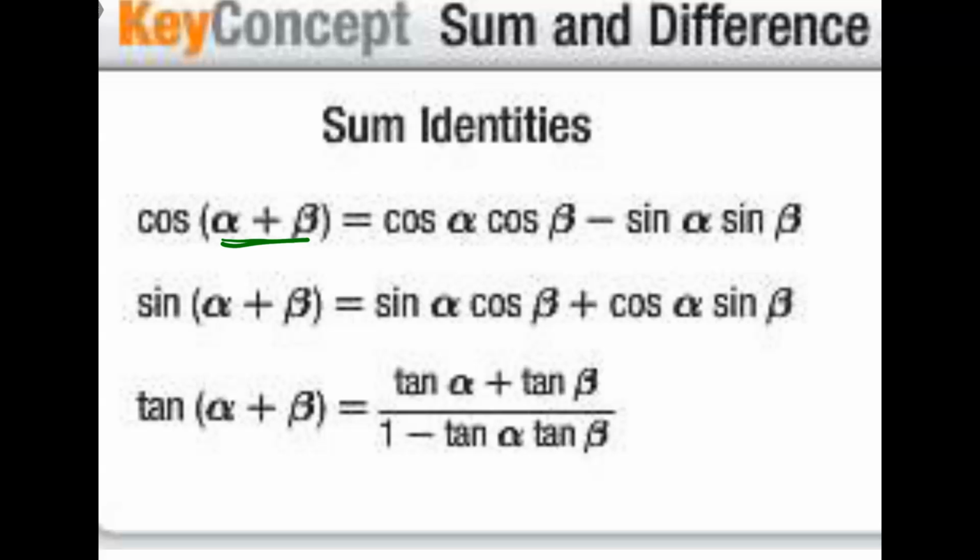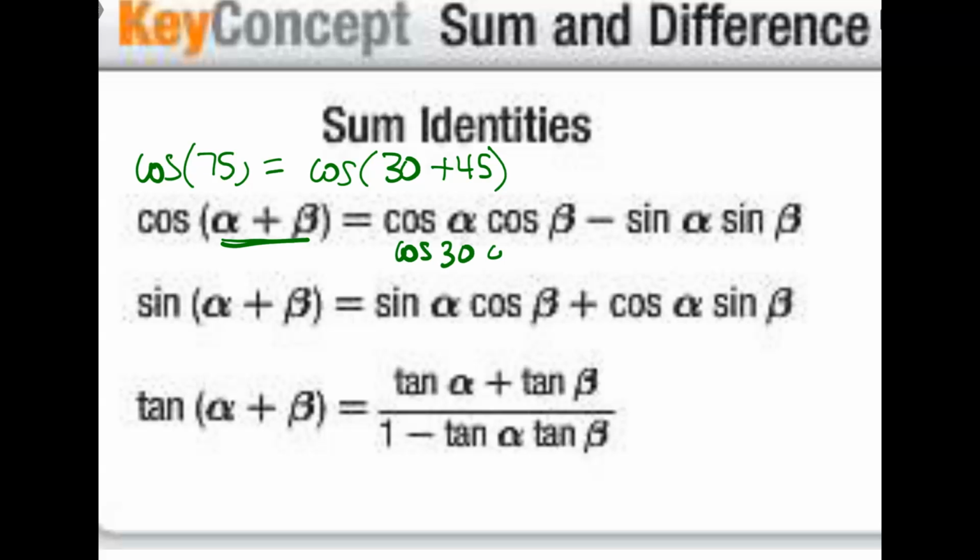Okay. I don't know what cosine 75 is, but I can rewrite it as cosine of 30 plus 45, because that's a sum of two angles. So how would I go about solving this? I would rewrite it as cosine 30 cosine 45 minus sine of 30 sine of 45.